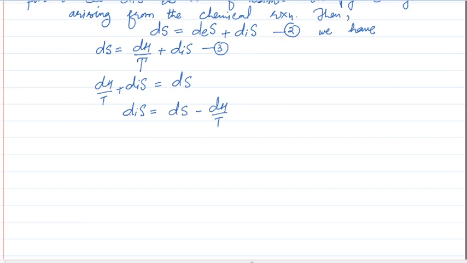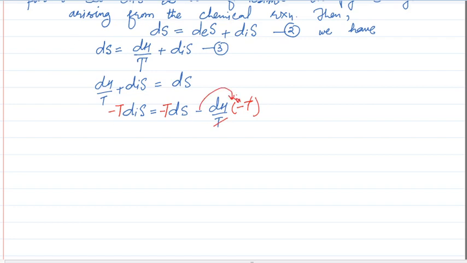If we multiply throughout with minus T, the T and T will cancel, and this minus and minus will be plus here.